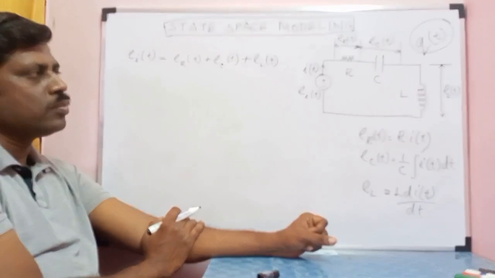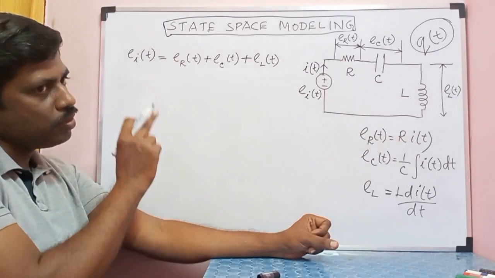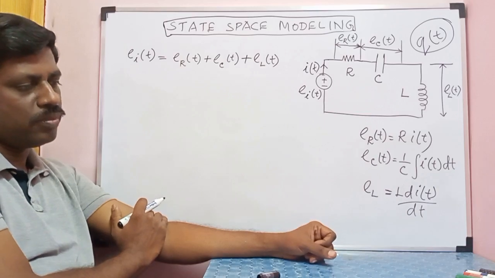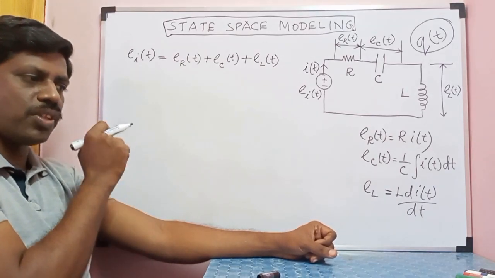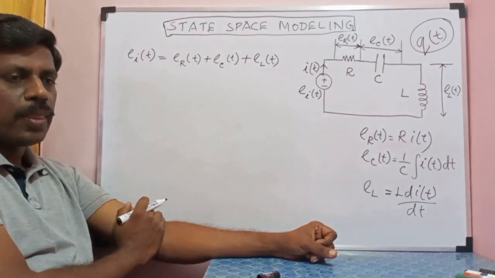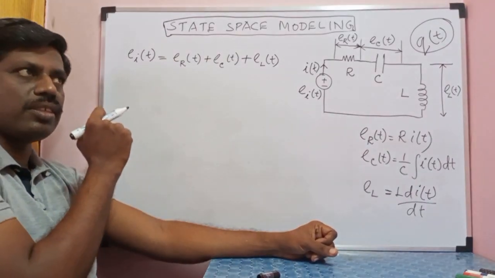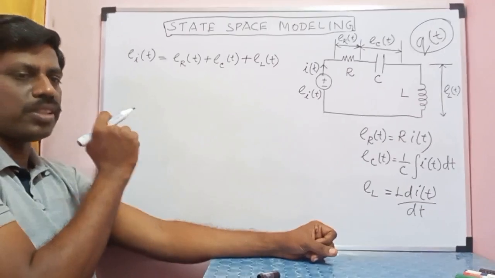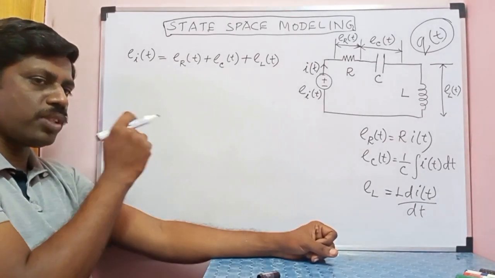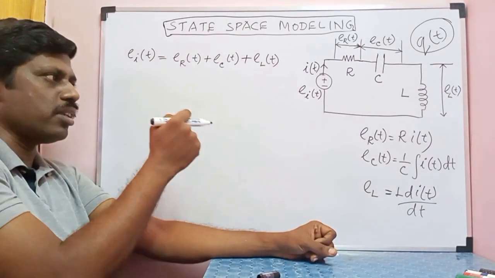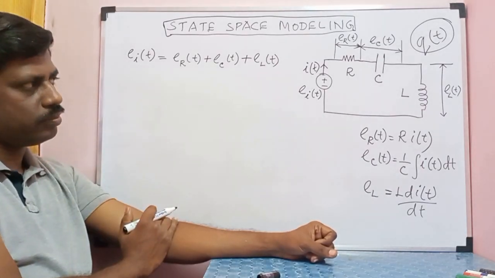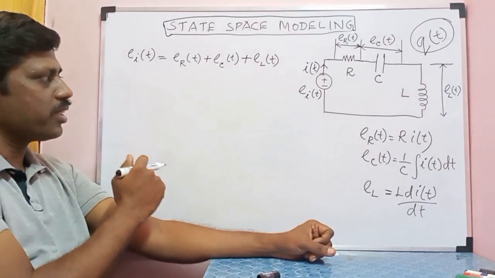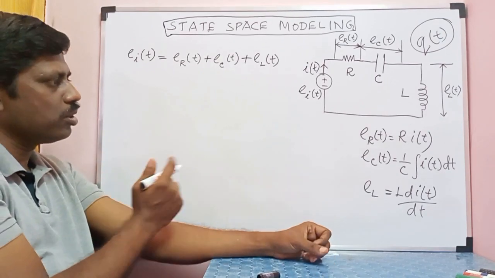In the previous case of the mechanical system, energy storage in the mass was affected by the velocity, and the energy storage in the spring was affected by the displacement. So that is why we took displacement and velocity as the state variables. Here also let us see what variables we can choose.